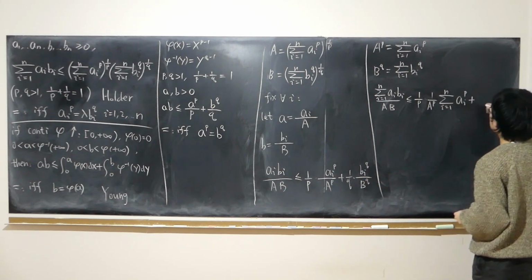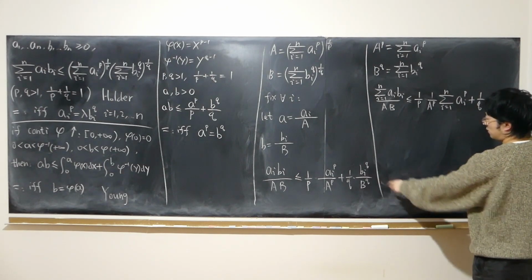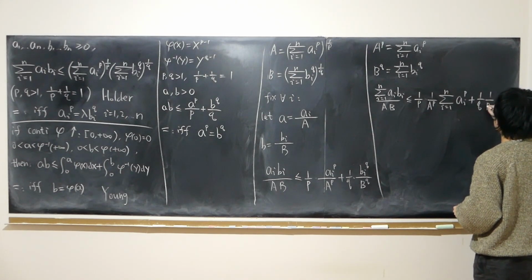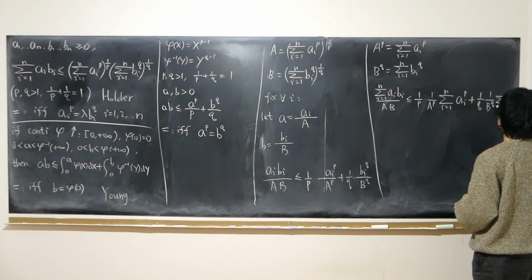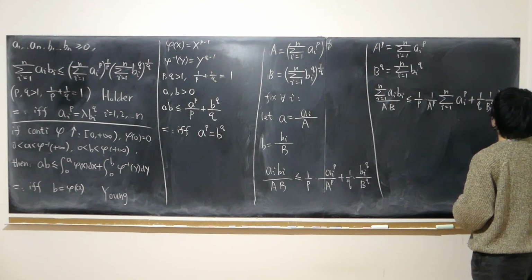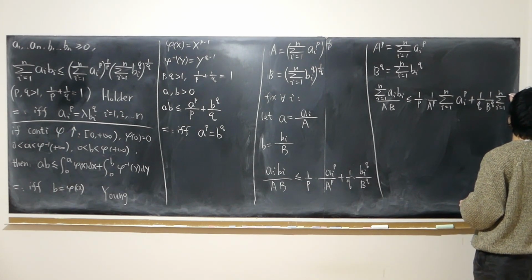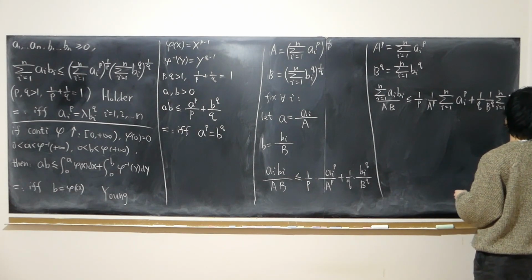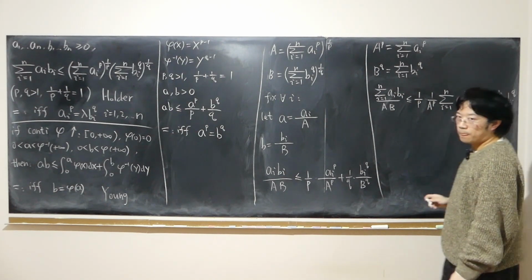Plus, likewise, 1 over q times 1 over b to the q times sigma from 1 to n of bi to the q, right? This is what I have.